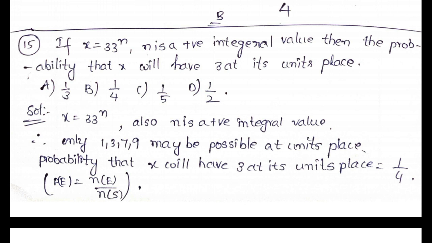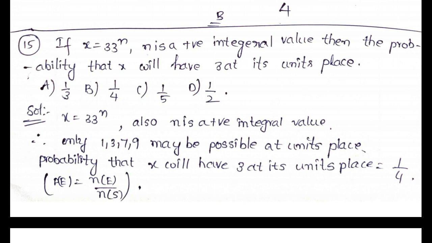Now if n is a positive integral value, the possible digits in the units place are 3, 9, 7 and 1. These will repeat. So we have 4 possible cases: 1, 3, 7, 9 at the units place.